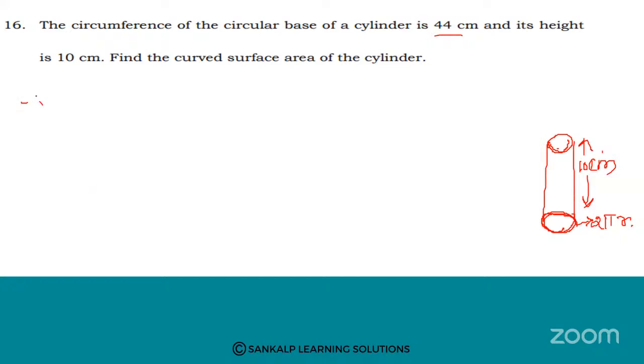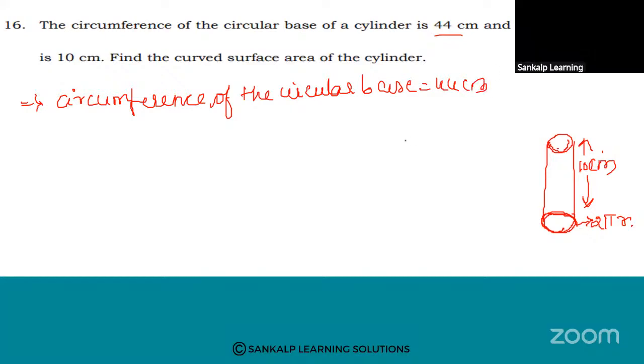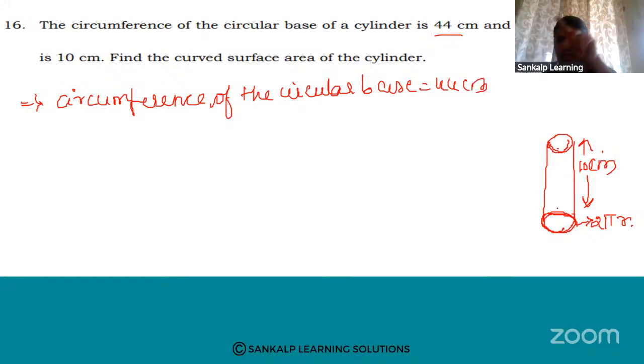So curved surface area of the cylinder. First write what they have given in the question, that is circumference of the circular base is 44 centimeter, right? So base is circular, that means we need to take circumference of the circle. So this is 2 pi r equal to 44.